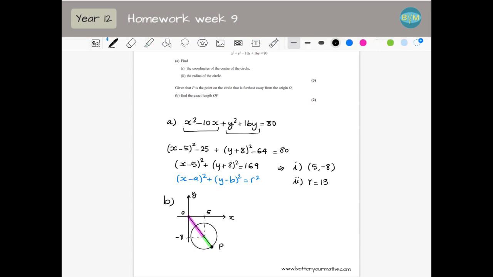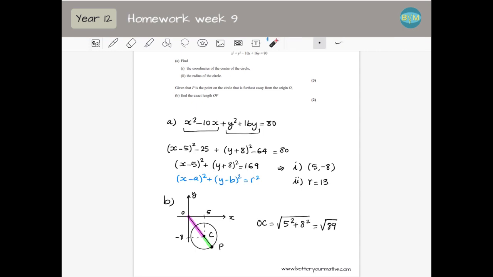This distance here, OC, from the origin to the center of the circle, is going to be the square root of the coordinates squared. So this is Pythagoras. This bit is 5, this bit is 8, so the hypotenuse is the square root of 5 squared plus 8 squared, and this is root 89.